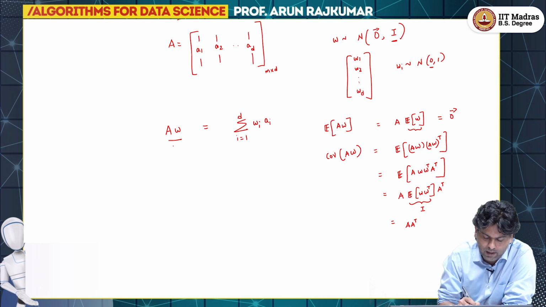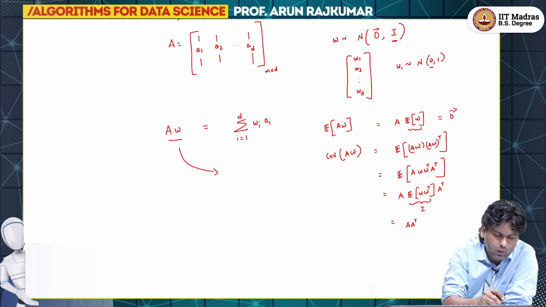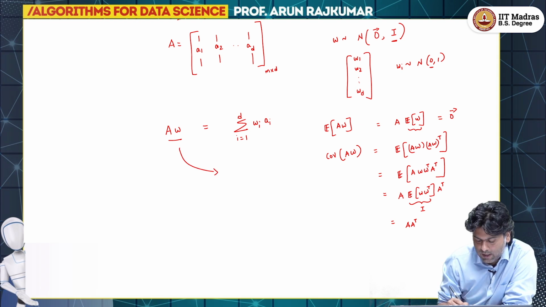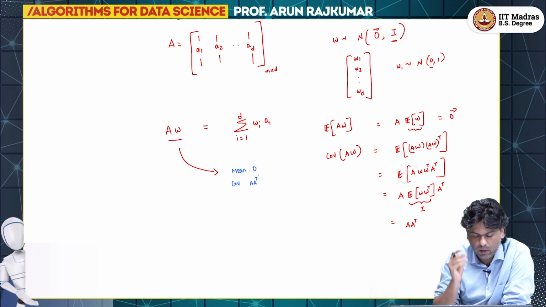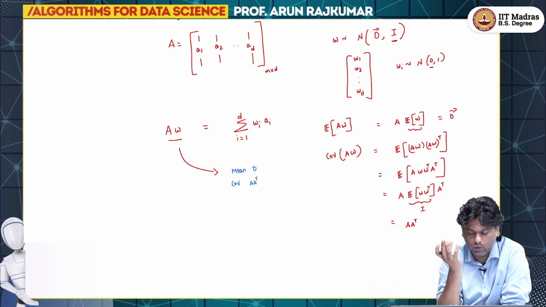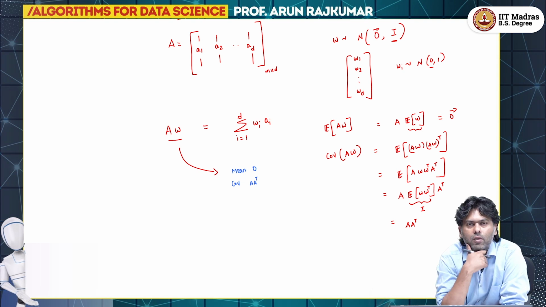So this random variable has mean 0 and covariance A A transpose. Of course, it's also going to be Gaussian, because you're doing linear combinations of Gaussians.